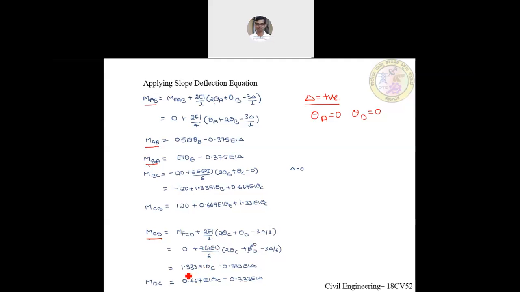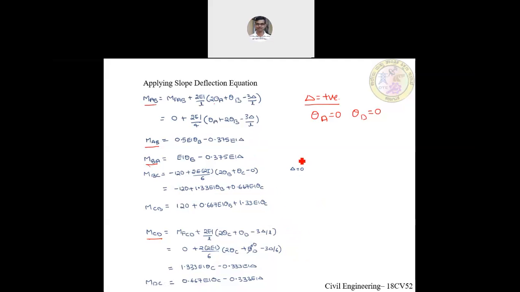On substitution and simplification, we'll get MCD as 1.33 EI theta C minus 0.333 EI delta. Similarly, we can calculate MDC is equal to 0.667 EI theta C minus 0.33 EI delta. So we have now calculated all the end moment equations: MAB, MBA, MBC, MCB, MCD, MDC.